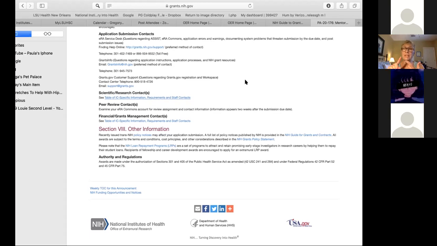So we've seen the RePORTER as a way to find other people working in your area. I forgot to tell you one other thing about RePORTER. RePORTER can tell you who else is working, who else has maybe the same kind of grant or is working in the same area as you. It's really important that you make your grant look different from the grant that's already funded that might be similar.